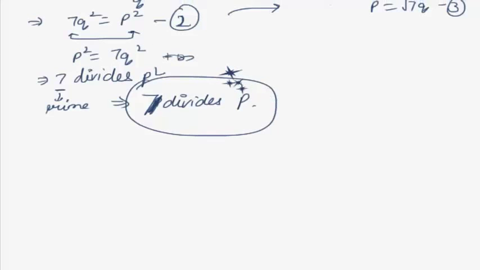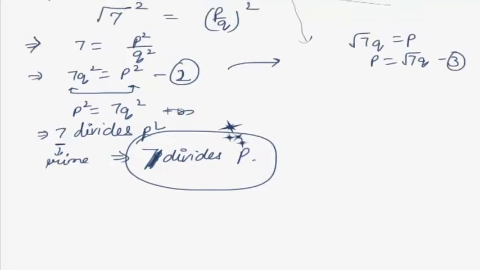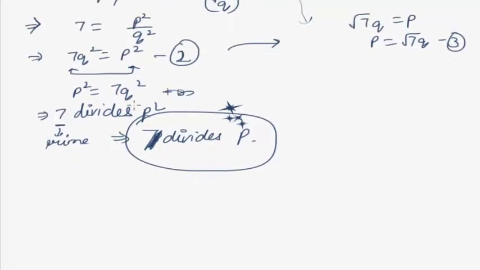Now, since 7 divides p, it can further be written as p equals 7m, because taking 7 as divisor, m will be some quotient. Now, here we have concluded that p is root 7 times q, and here p is 7m.